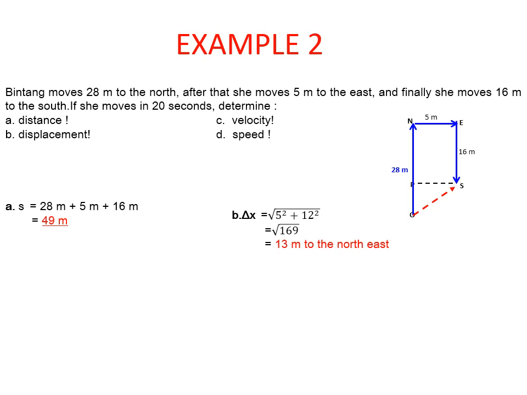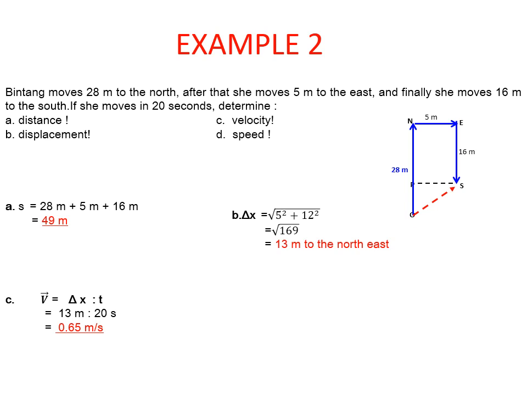And for point C, velocity equals delta x divided by time taken. So the velocity becomes 13 meters divided by 20 seconds. So the answer for velocity is 0.65 meter per second.